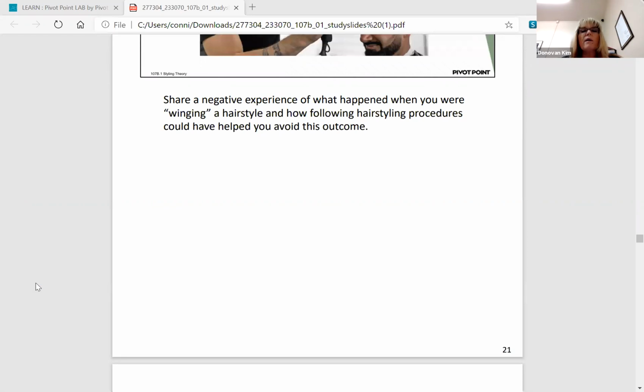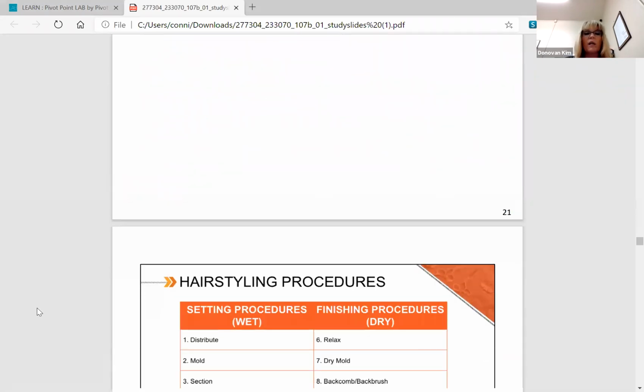But what I was saying about these negative outcomes is that the procedures they have, no matter what you're doing, the step-by-step instructions, are there for a reason. They're there so you get better and consistent results, and so you're not forgetting a step and not getting the best results you can get.